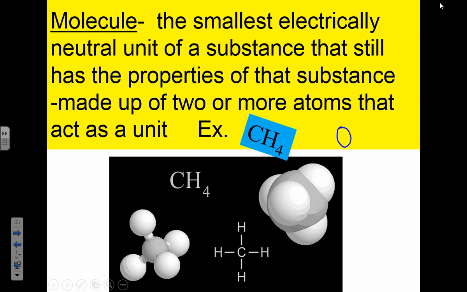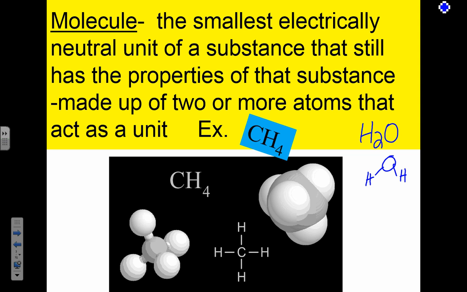So the first part of your notes, we're going to start out learning about molecules. That's the word that goes in that very first blank. A molecule is the smallest electrically neutral unit of a substance that still has the properties of that substance. For example, the molecule of water, H2O, has 1 oxygen and 2 hydrogens attached to it.